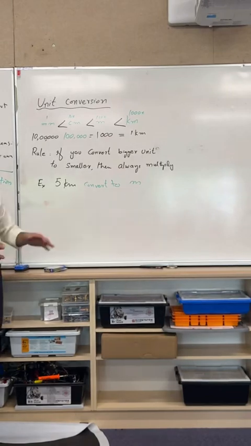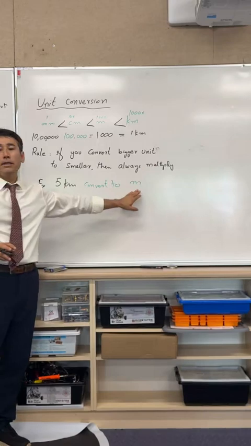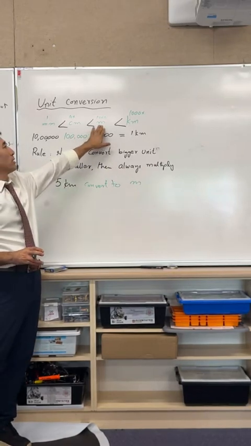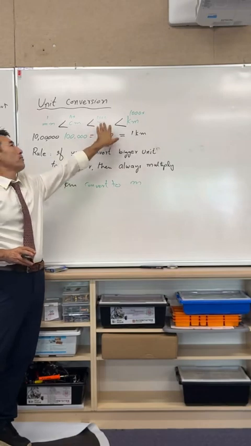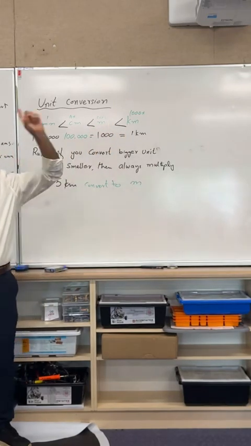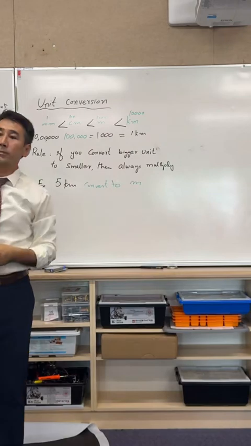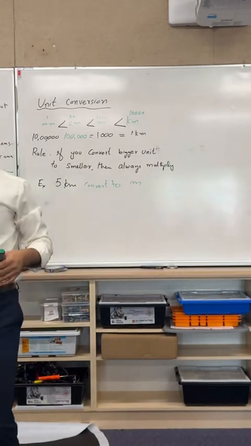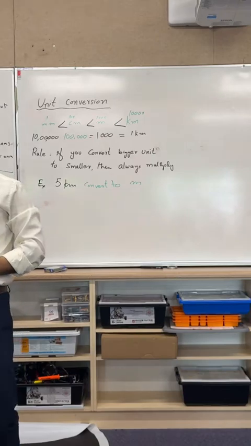Now you should know what is the relationship between kilometer and meter. We know that 1,000 of meter gives you 1 kilometer, okay? 1 meter is this much almost. 1,000 of them is 1 kilometer.